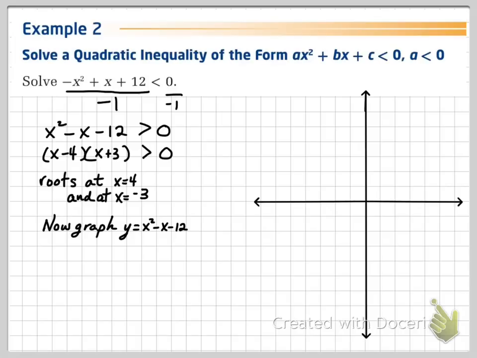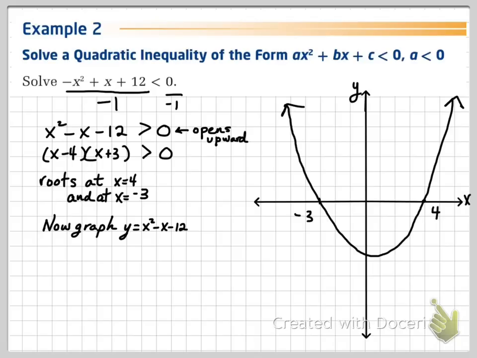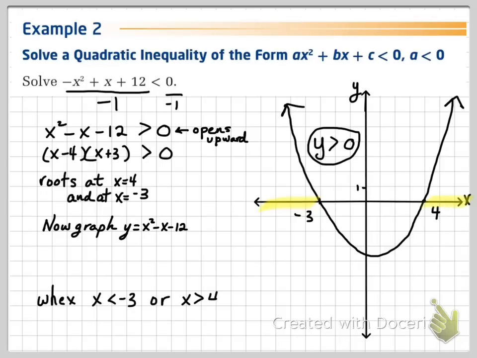When we graph y equals x squared minus x minus 12, you're going to find that this graph opens upwards because it's a positive x squared now. And again, where is this graph going to be greater than 0? This graph is going to be greater than 0 when x is less than -3, and also when x is greater than 4.